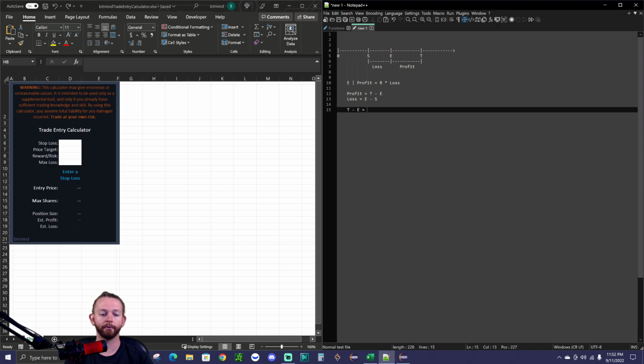T minus E is equal to R times, what is our loss? That is E minus S. Okay, so now we have profit equals ratio times loss. We have that expressed in terms of T, E, and S.